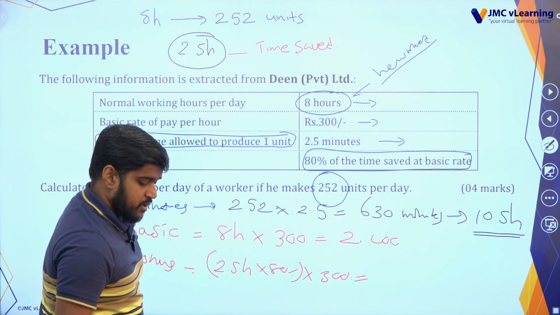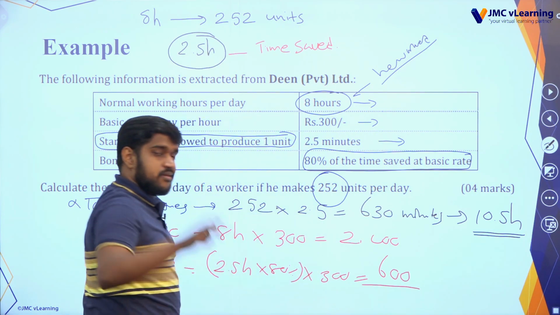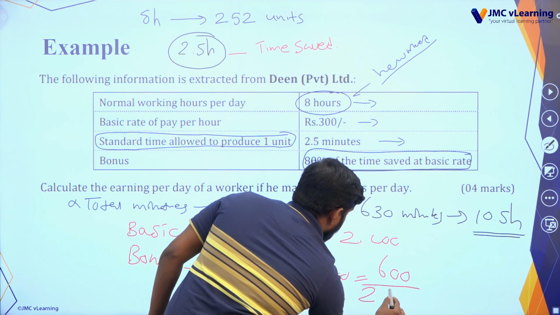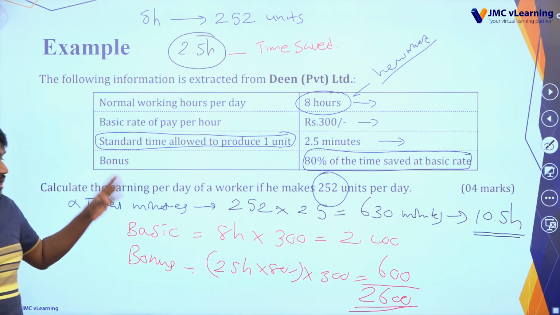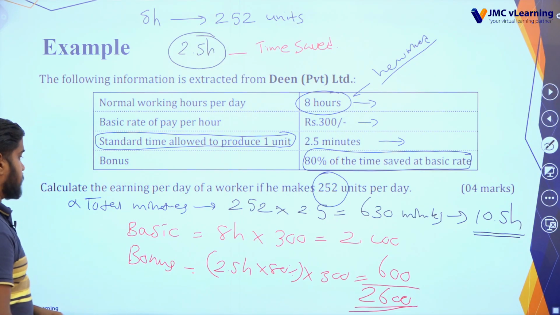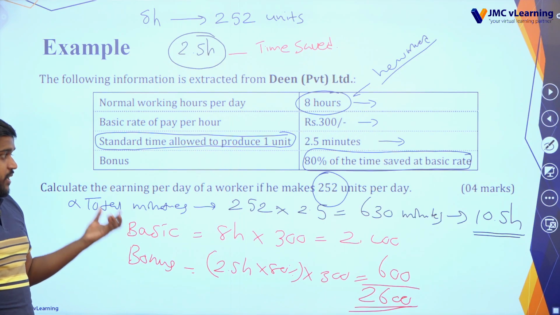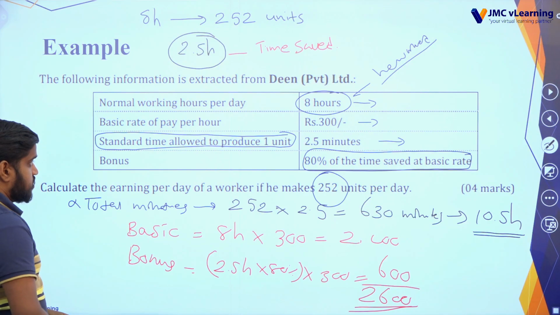Multiplying by 300, his bonus payment is 600. Then the total earnings of this employee is 2600.